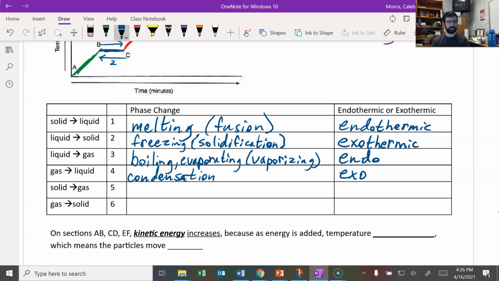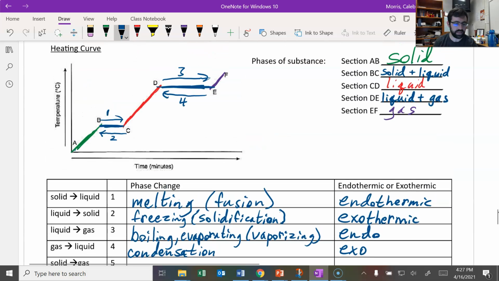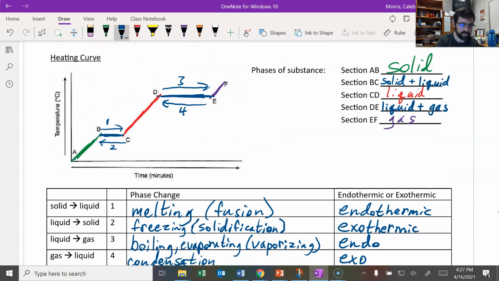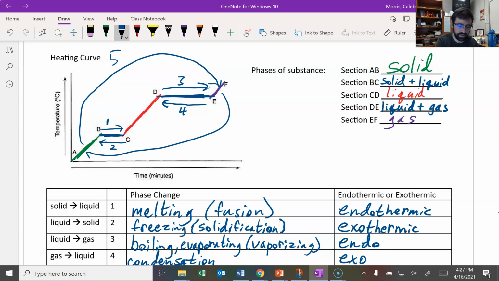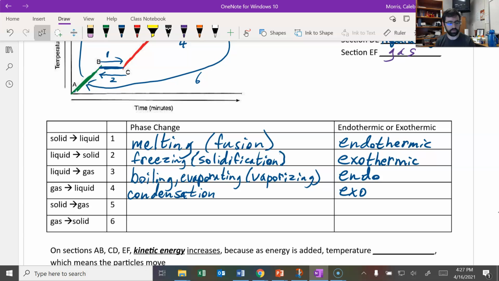Now, there are two of them that you don't see very often, and that is at the correct temperature, you can go directly from a solid to a gas. So I could go straight from a solid to a gas, or from a gas to a solid. Now that has to be under the right conditions. Okay, we want to know the names of those.